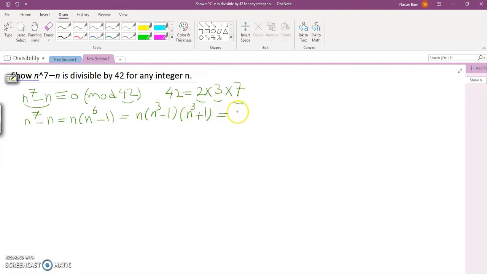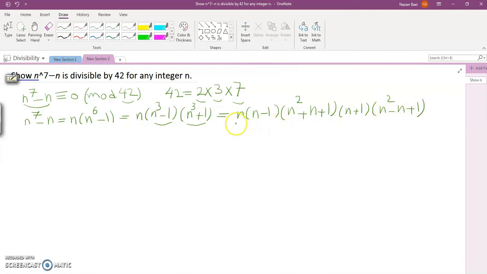And then n to the power of 3 minus 1 will be n minus 1 times n to the power of 2 plus n plus 1, and n to the power of 3 plus 1 will be n plus 1 times n to the power of 2 minus n plus 1.